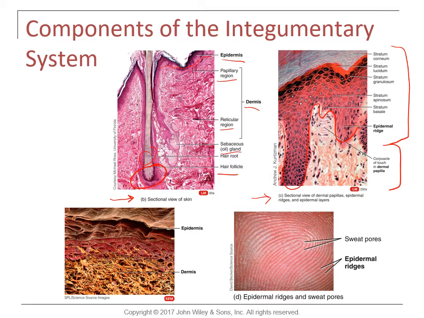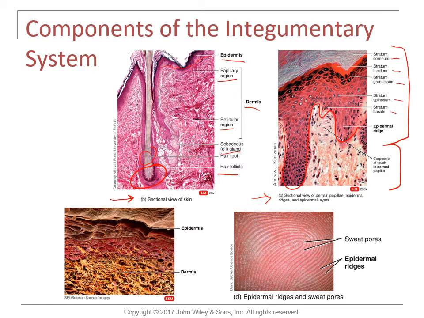The epidermis has 5 different layers: stratum corneum, stratum lucidum, stratum granulosum, stratum spinosum, and stratum basale. So the epithelial layer, the epidermis, is made up of 5 different layers.